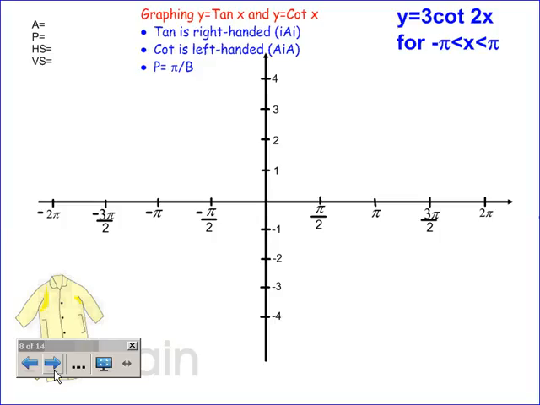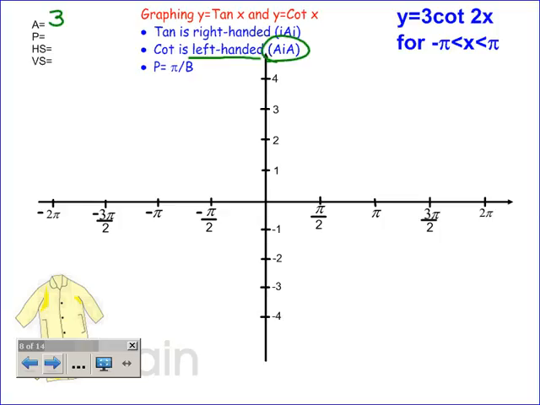This is cotangent, so it's left-handed, and the form of it is AIA. Asymptote, intercept in the middle, ends with an asymptote. Okay. What is the value of A in this equation?